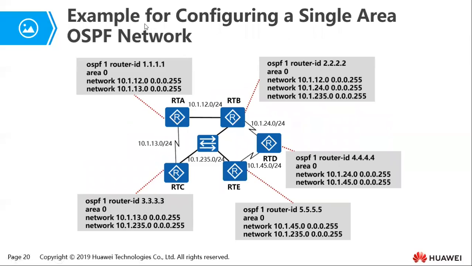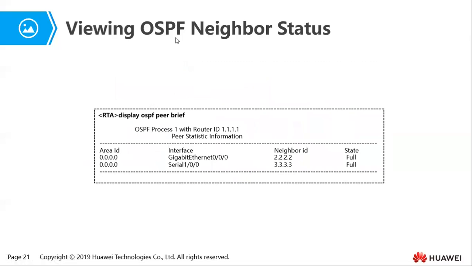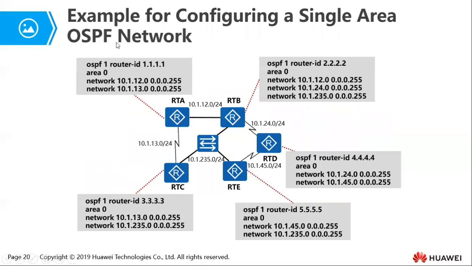Okay, so let's just see. You're going to do this in the lab. That is what we are breaking to do right now. When you want to create a single area configuration, you go to each of the routers and configure OSPF.